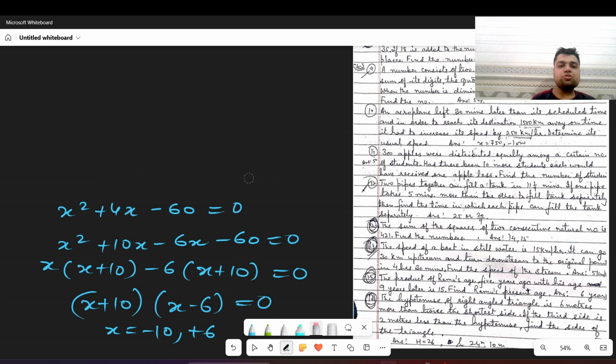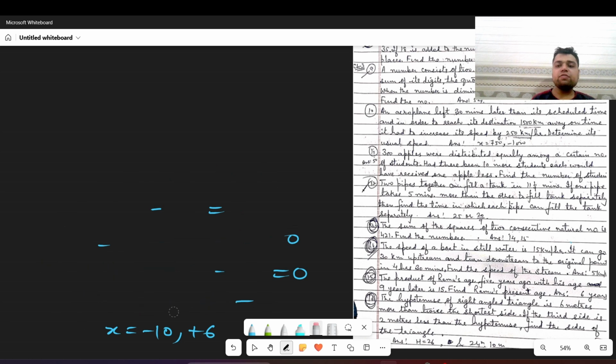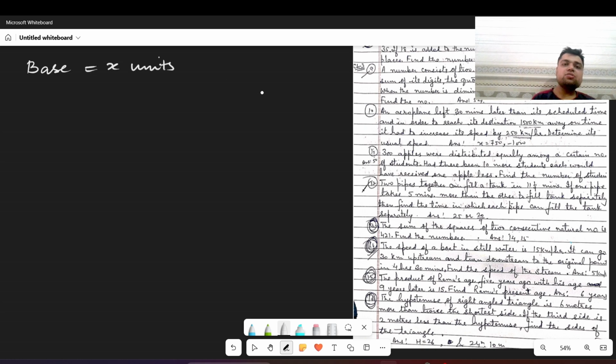So in the last question, it is saying that the hypotenuse of a right angle triangle is 6 meters more than twice of the shorter side. So let the base be x units. So this is a right angle triangle. If this is x, then hypotenuse is twice of the smallest and 6 meters more.